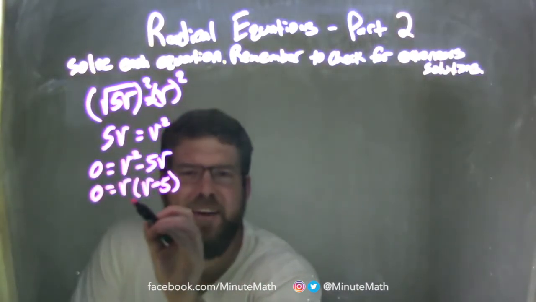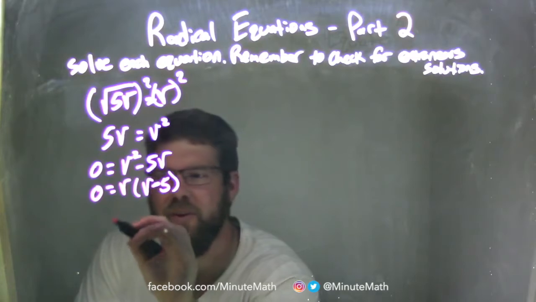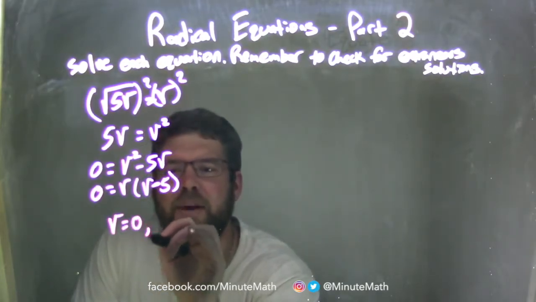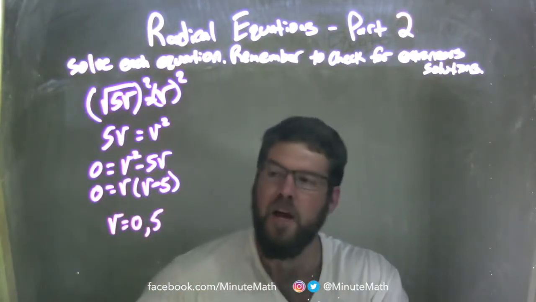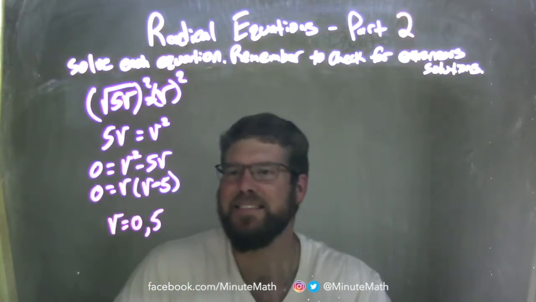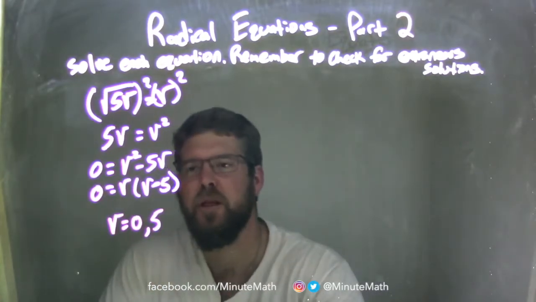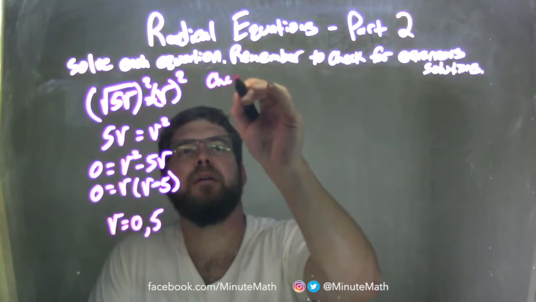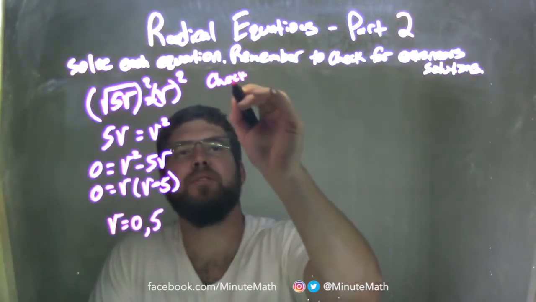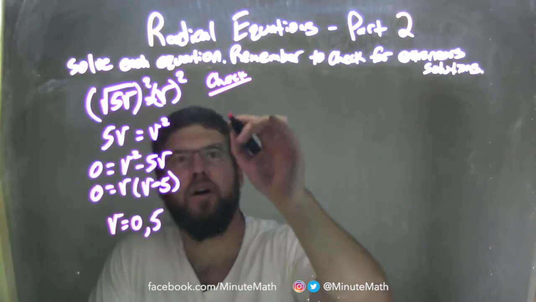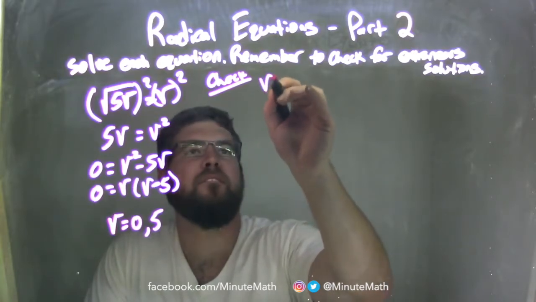And so now I need to set both parts here equal to 0. My two answers are v equals 0 and a positive 5. So I need to check that to see if I have an extraneous solution. So let's go check. And again, these v's look like b's. Sorry. So let's go check the first one. v equals 0.